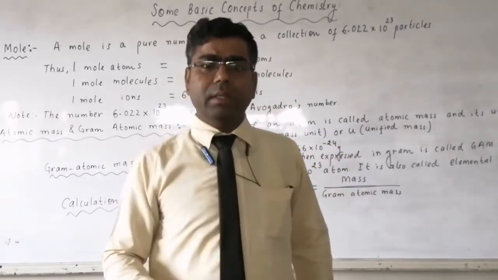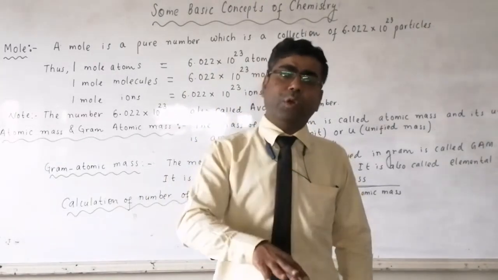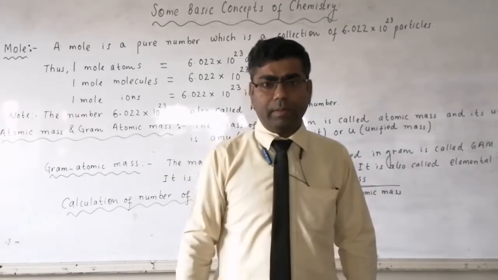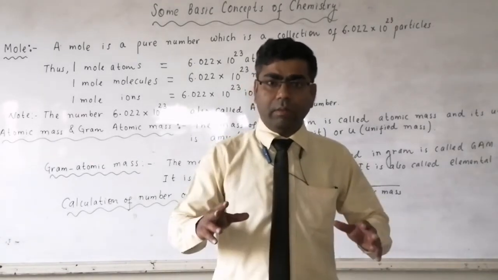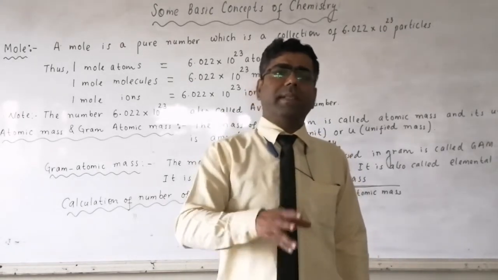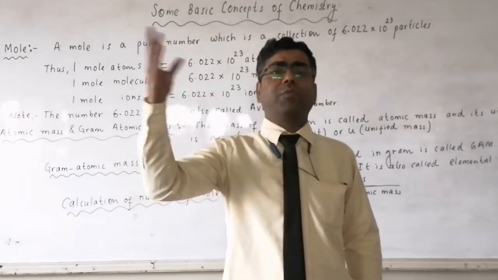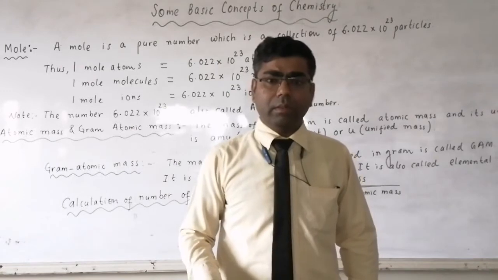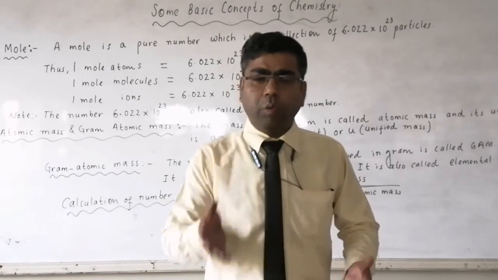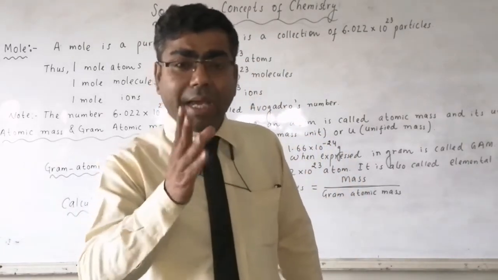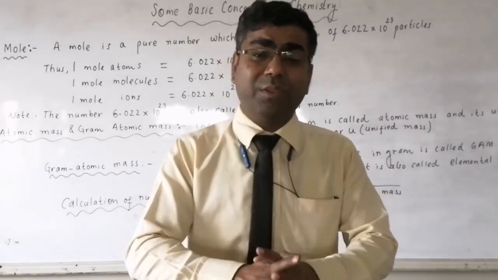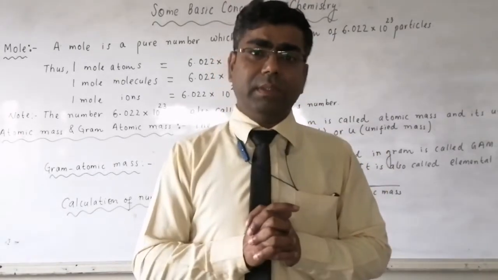Similarly for nitrogen, inside the nucleus we have 7 protons and 7 neutrons, so its atomic mass is 14 AMU. But whenever we are dealing with a calculation, we are always provided nitrogen with atomic mass 14 gram. So what's the meaning? It's very simple. 14 gram of nitrogen means we have a collection of 6.022 × 10^23 nitrogen atoms.